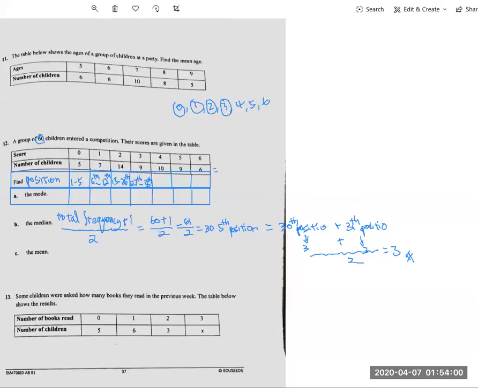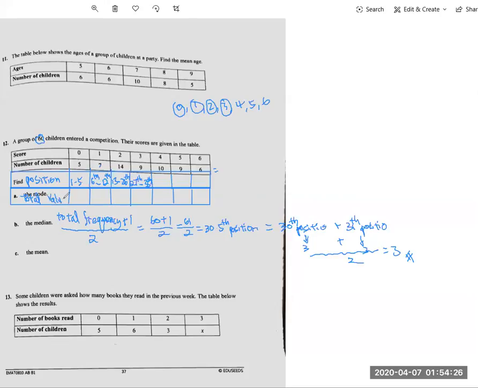Okay, now T is total frequency. But what is this total frequency? Isn't this a contradiction with if you add here the total? No, sorry, this is not total frequency. Did you make a mistake? This is the total value.